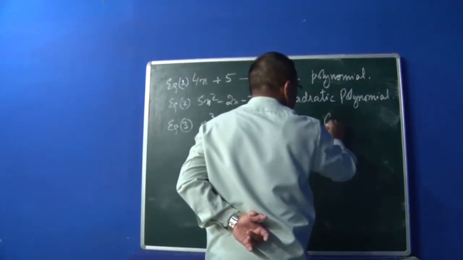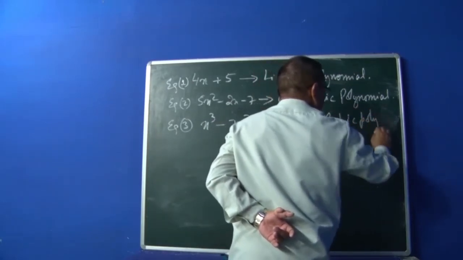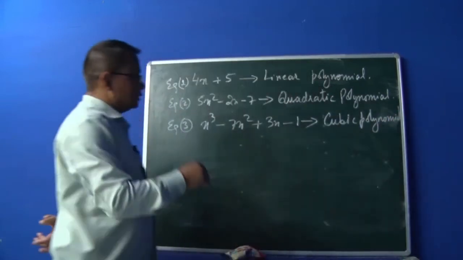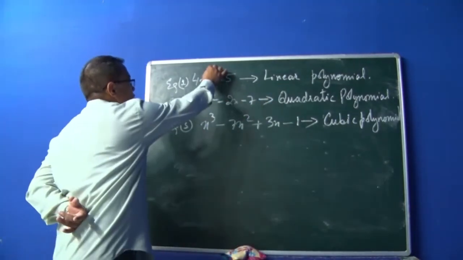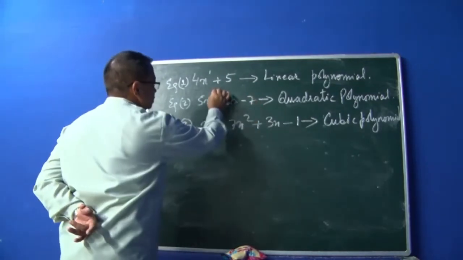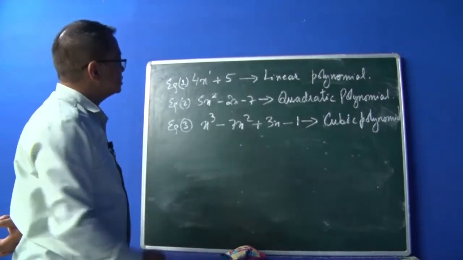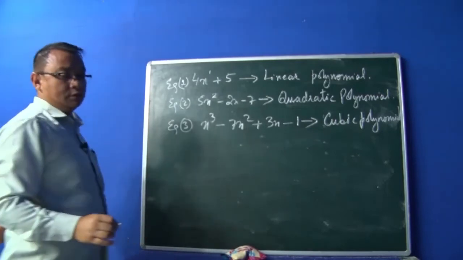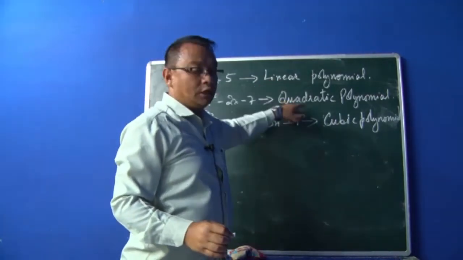Here we call as cubic polynomial. Okay, then why we say linear, because the power is 1. And why we say quadratic, the power is square. And why we take as cubic polynomial, the power is cube. The highest degree of polynomial is mentioned according to the names.